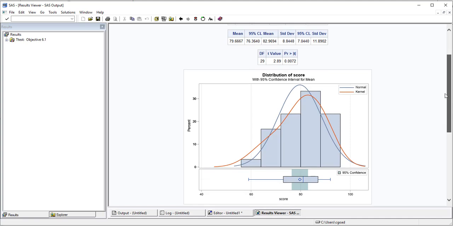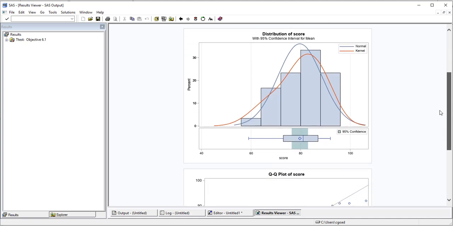We didn't ask for any graphics, but SAS has ODS graphics support in some of the things we do. So we see a histogram of the scores, with a superimposed normal curve, the blue curve here. Below this panel graph, we have a box plot of our scores, and the confidence interval is the shaded green area here.